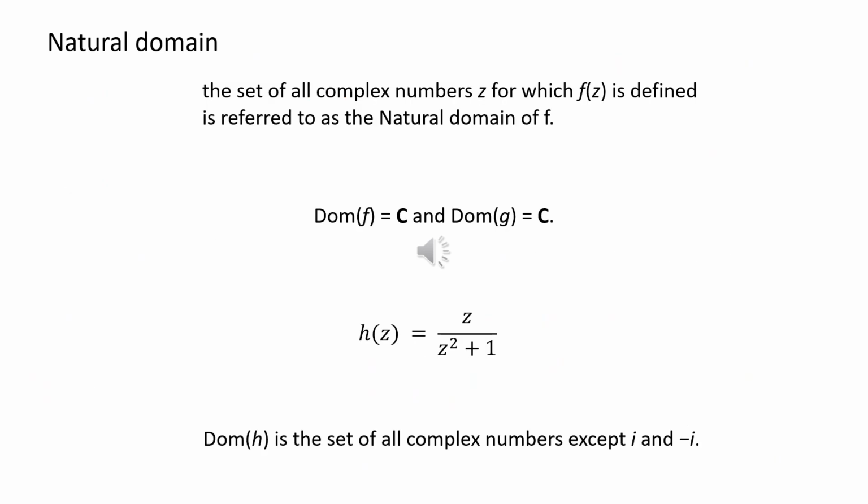Now let us define natural domain. So the set of all complex numbers z for which f of z is defined is referred to as the natural domain of f.